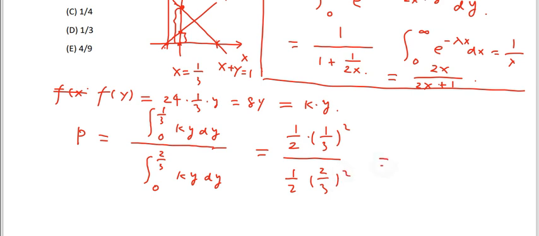Okay, so cancel, and we find this is just 1 over 4. Okay, so this is the problem from 100 to 110. We can stop here and see you in the next video. Thank you for watching.